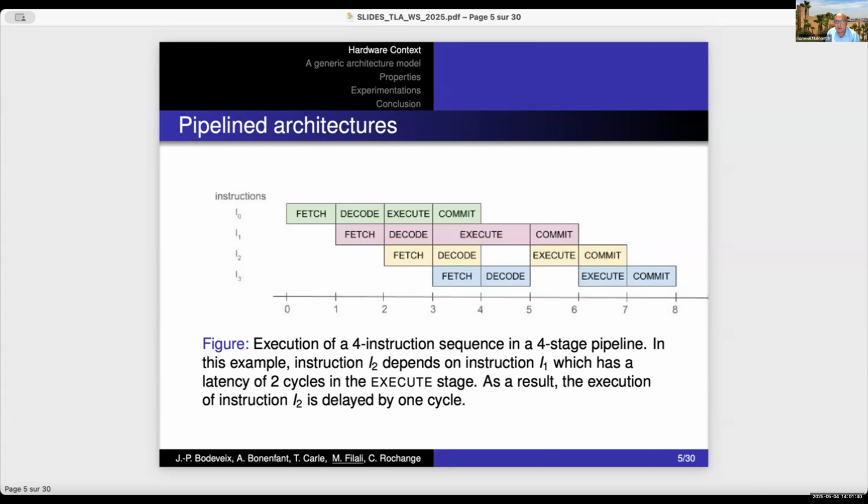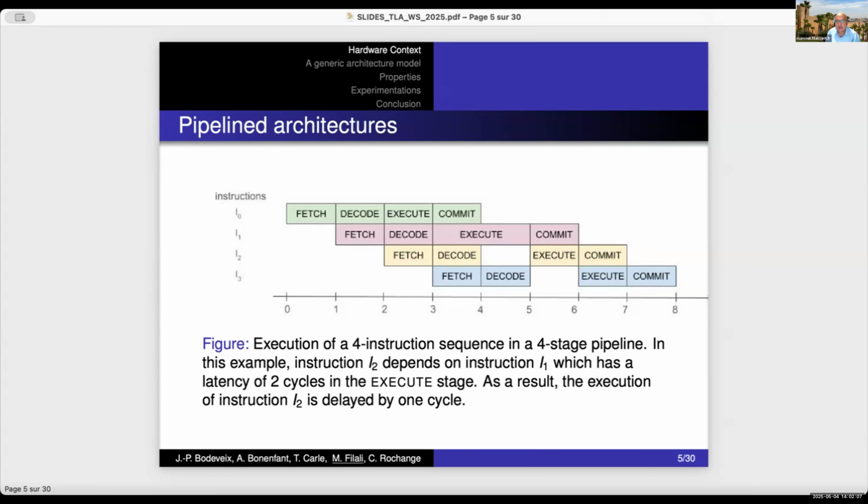In this pipeline, we have 4 stages: the fetch, decode, execute, and commit stages. What we mean by executing instructions over this pipeline in a pipelined way: at time 0, the pipeline is free, so the first stage is free.